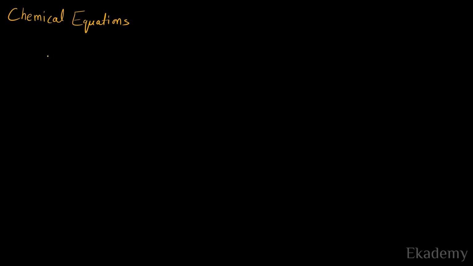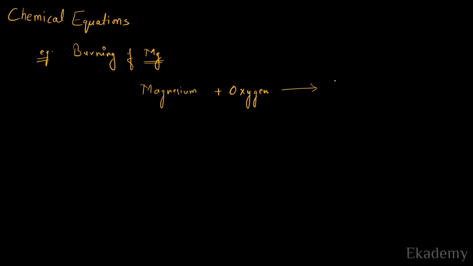Let us take one example, which is burning of magnesium. What happens here is magnesium combines with oxygen gas to produce magnesium oxide.